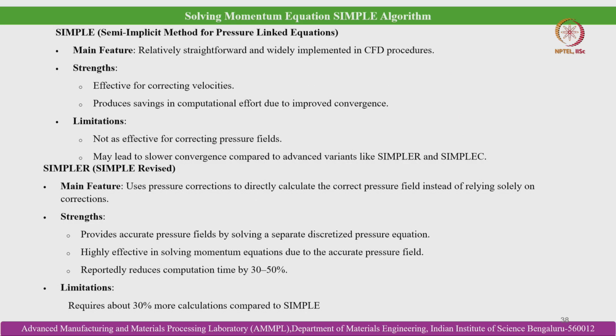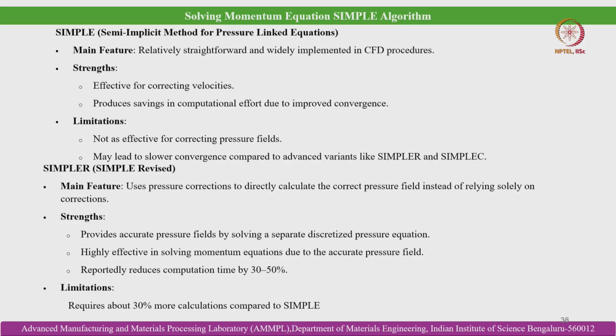Now if we talk about the main features, strengths and limitations, we compare these solution algorithms. First simple, that is semi implicit method for pressure linked equations. The main feature is that it is relatively straightforward and widely implemented in CFD procedures, and the strengths are that it is effective for correcting velocities and produces savings in computational effort due to improved convergence.